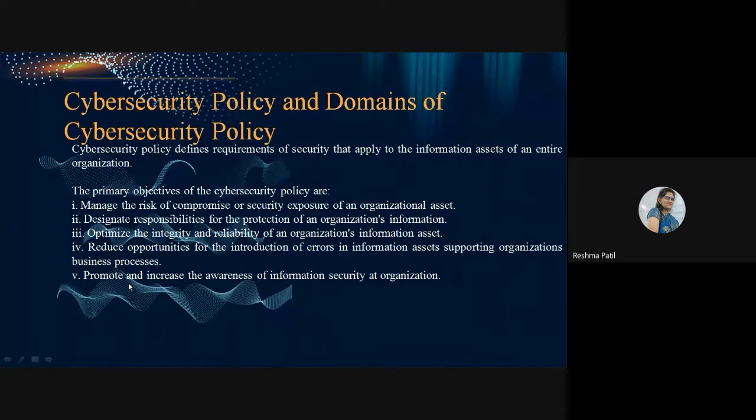Then promote and increase the awareness of information security at the organization. This is also one more important objective of the cybersecurity policy, we have to create awareness. If you are aware about something, you will take care of that. So that's why every time this promotion and awareness is important for information security.